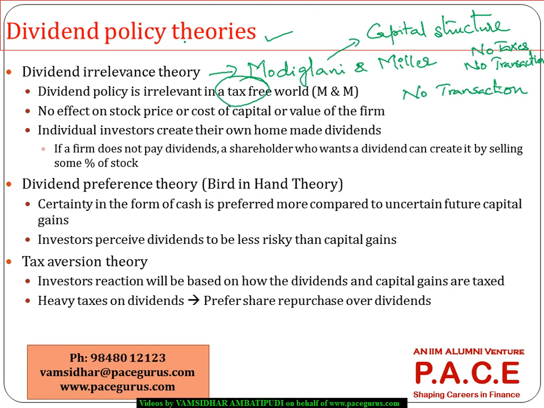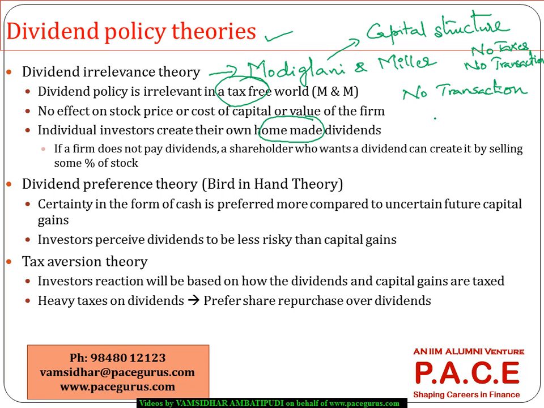Whatever the dividend policy the company is making, it is irrelevant as far as the investor is concerned, because if there are no taxes and no transaction costs, the investor can create a homemade dividend.